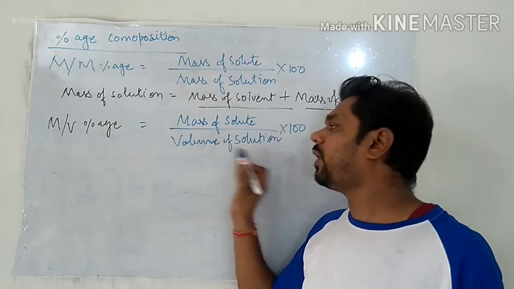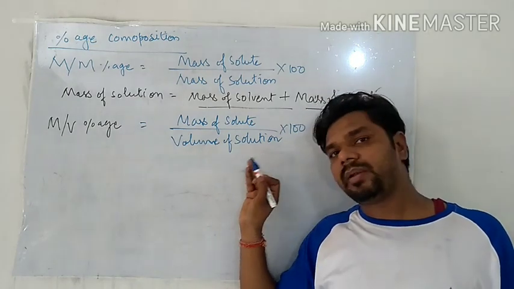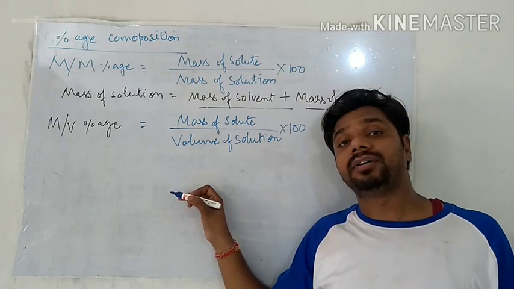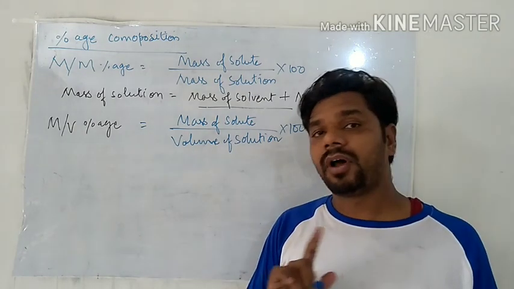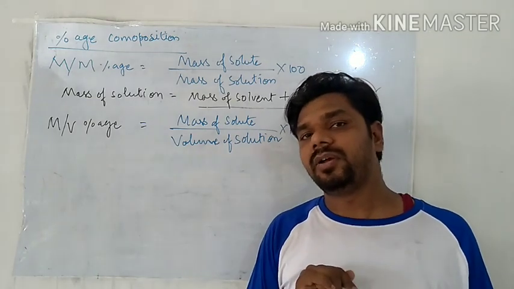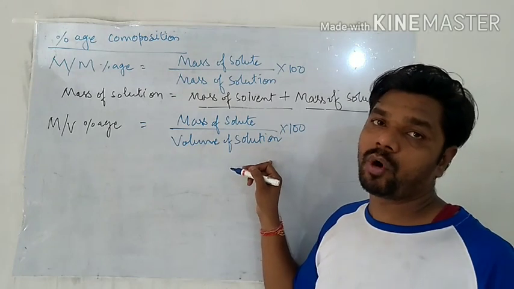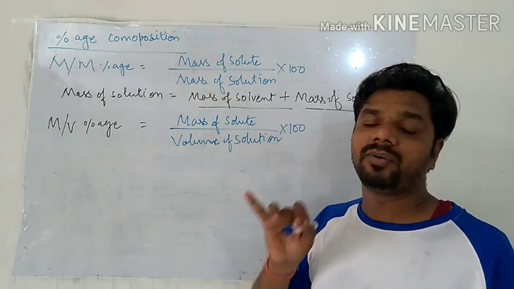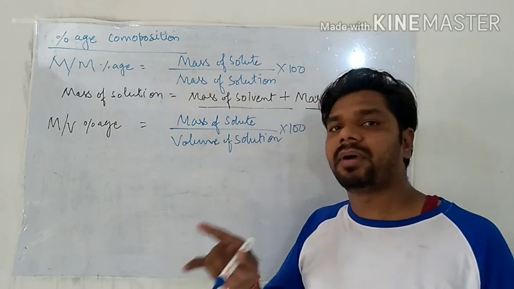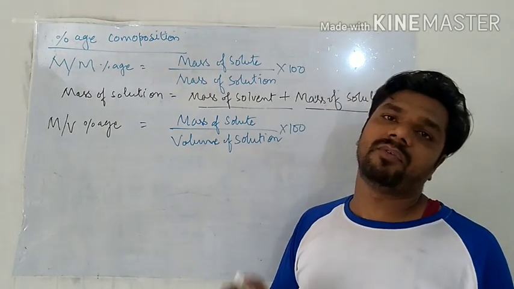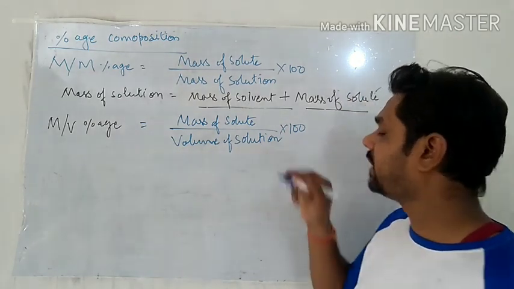In this case, the volume of solution or the volume of solvent will be the same thing, because on dissolving a solid into liquid, volume doesn't change. Volume doesn't change, so in this case volume is unaffected. Moreover, mass cannot be added to volume. Volume can be added to volume, mass can be added to mass, but mass cannot be added to volume, and volume cannot be added to mass. So this is the formula for mass by volume percentage.